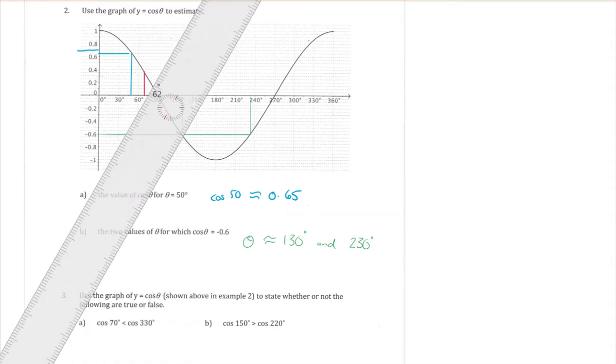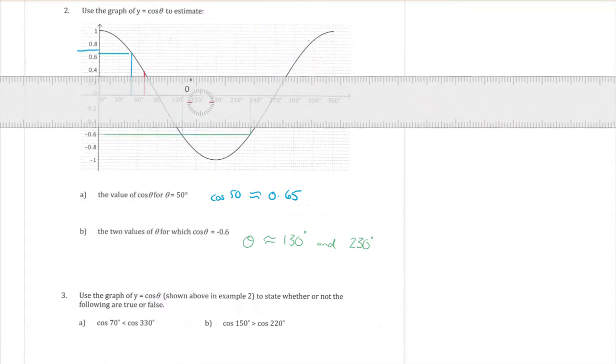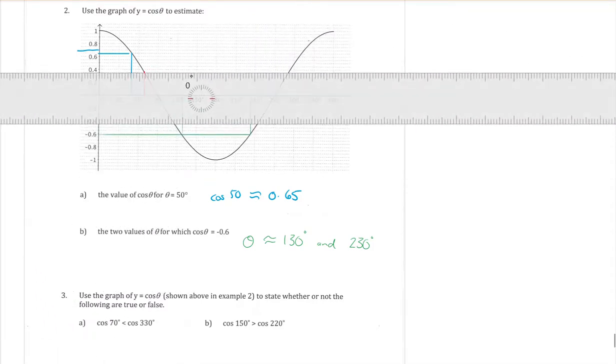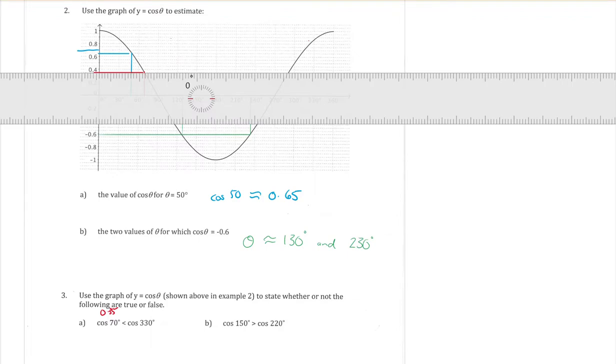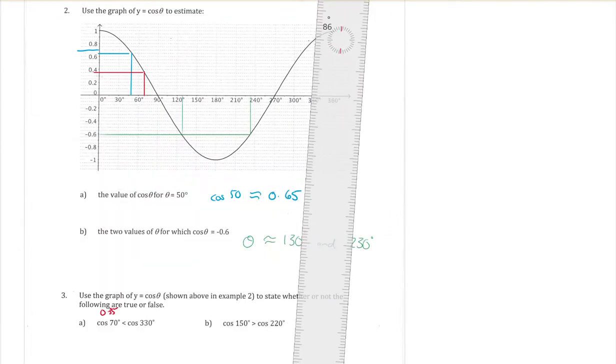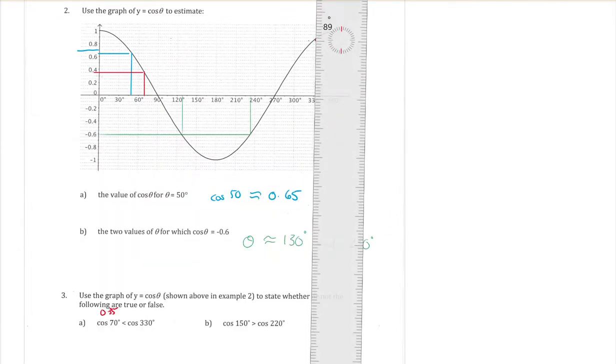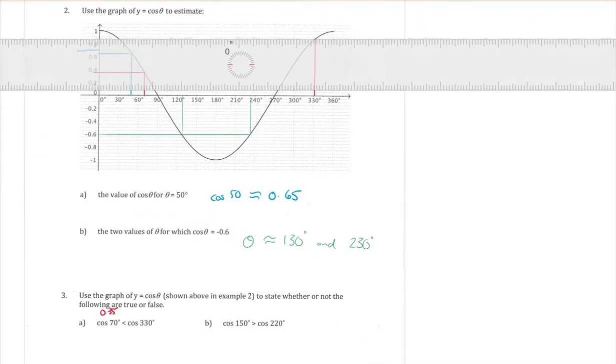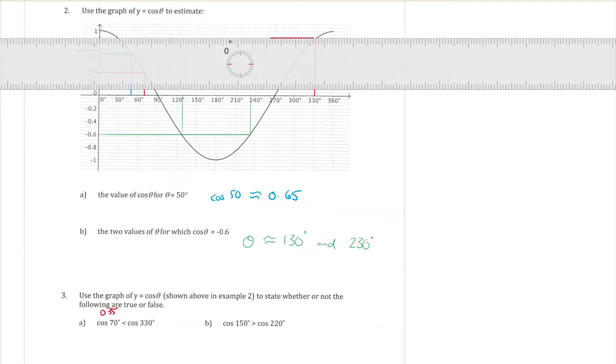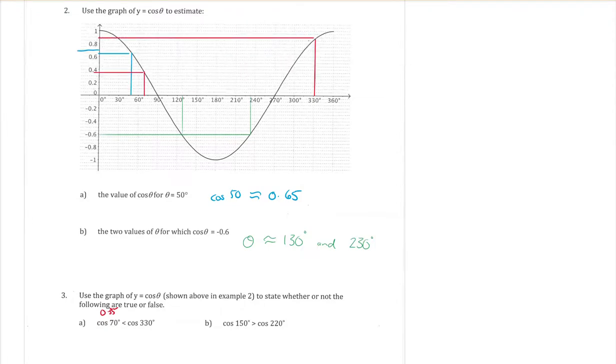So if I draw that line there and across, okay, that's at about 0.35. Cos of 330 is 330 right on that line there. That's going to be approximately equal to 0.9.